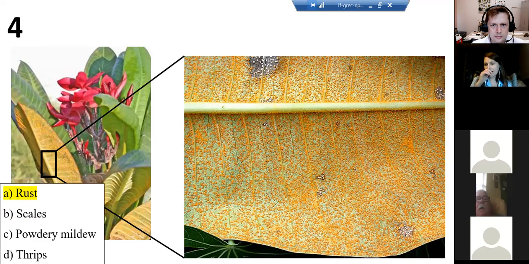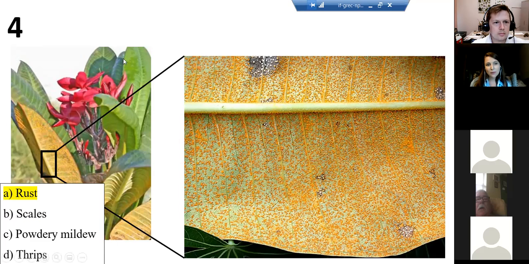Powdery mildew has more of a white structure, and rust is usually very orangey or yellow. And when you touch it, you have the signs on your hands too. And again, this is a plumeria plant, and it would be very easy to spot around the area as well, and it's very susceptible to rust.